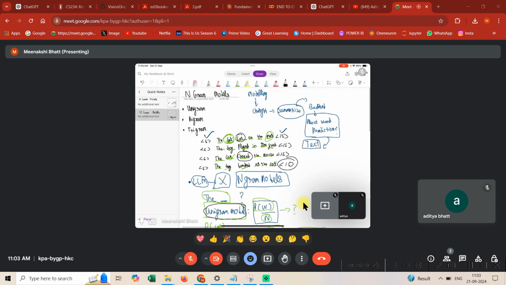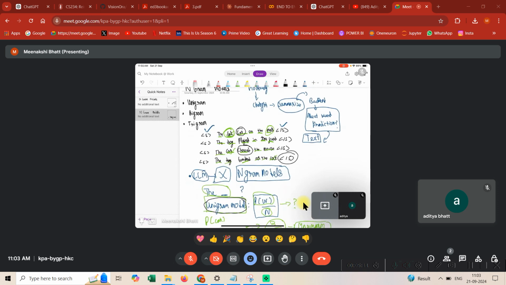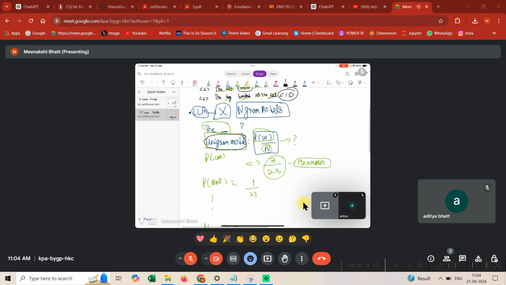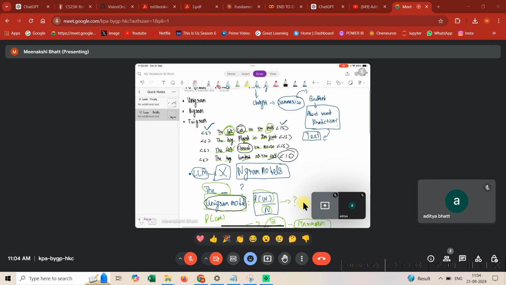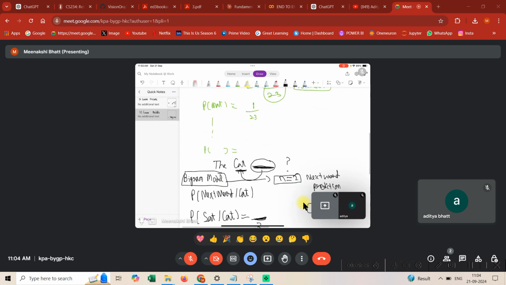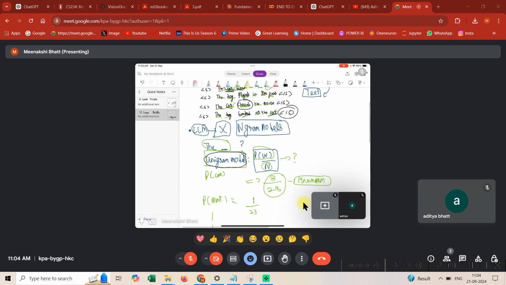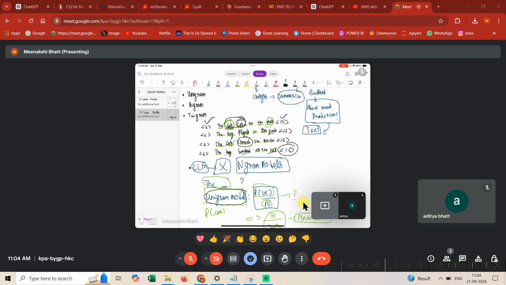First of all, you need to see the occurrences in which you are talking about cat. So it's 1, it's 2, it's 3. So this would be 3. Now when cat and sat are together, are they together in any sentence? Yes, 1 is there. Which is the next word in the corpus that comes after cat?